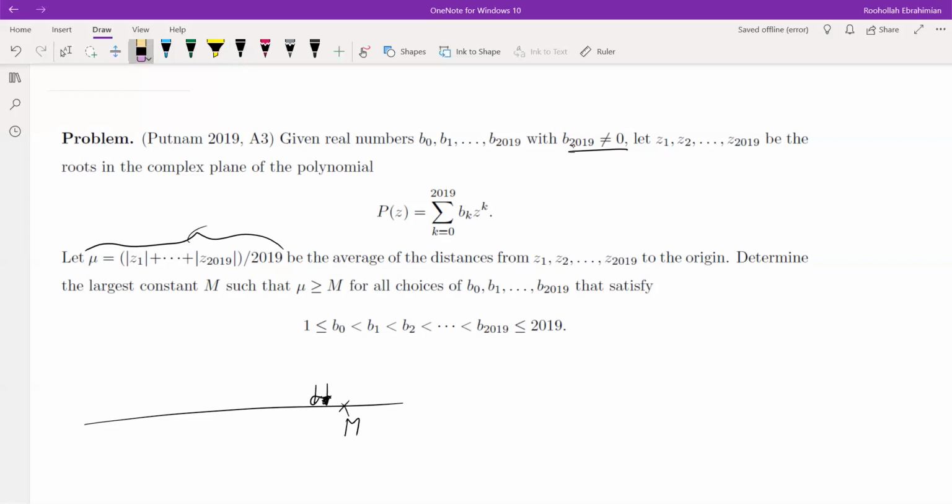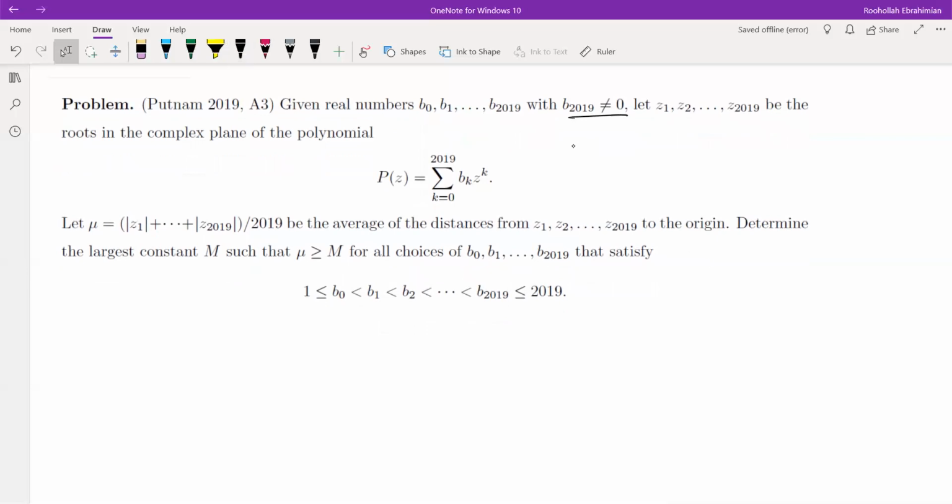So instead of a polynomial of degree 2019, I'm going to look at a linear polynomial, and then a quadratic, and then a quartic, just to simplify the problem and see what can be done. So I'll start from degree 1.